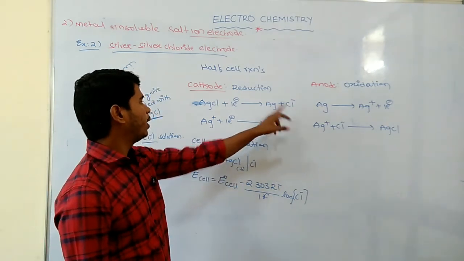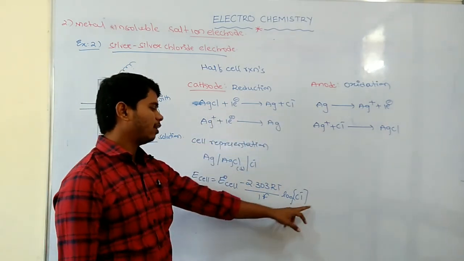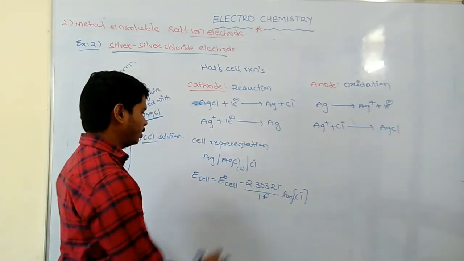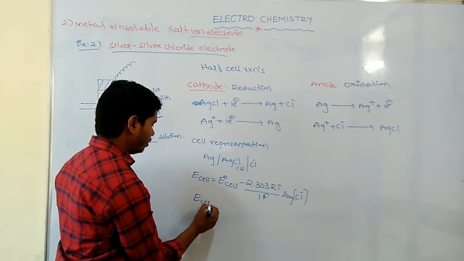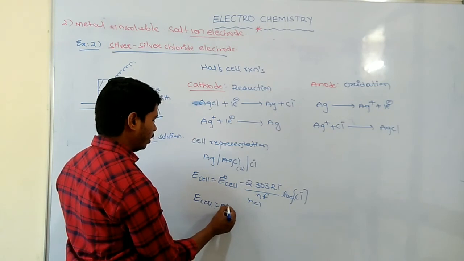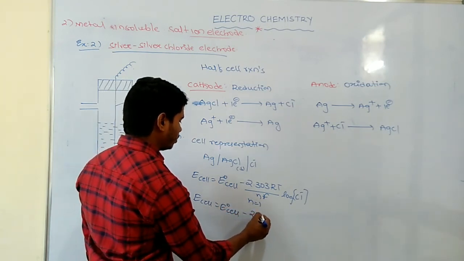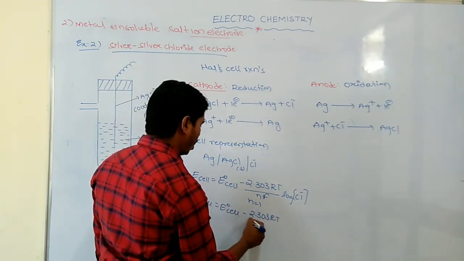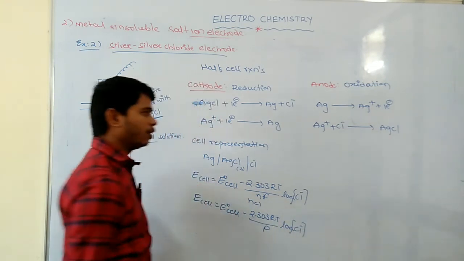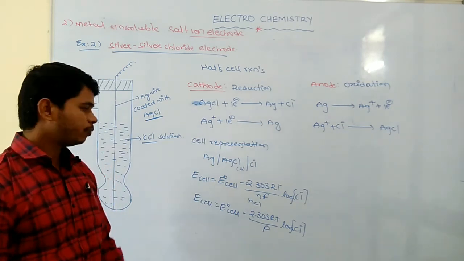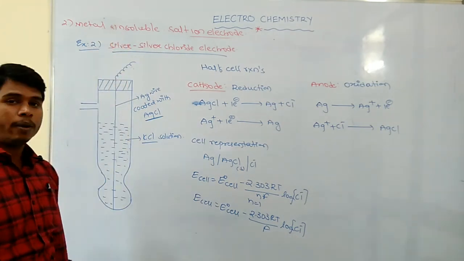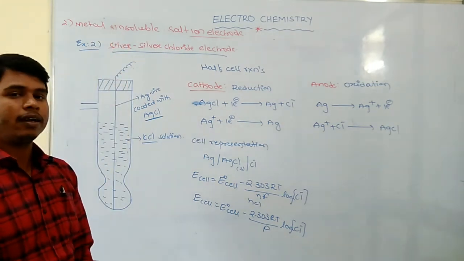That's why only Cl minus by AgCl, and the AgCl concentration is 1. That's why only log Cl minus ions are here. N is equal to 1. Then E cell is equal to E naught cell minus 2.303 RT by F log concentration of Cl minus ion. Okay, this is about the silver chloride electrode of metal insoluble salt ion electrodes.